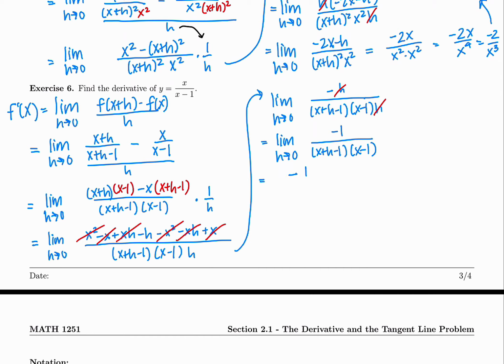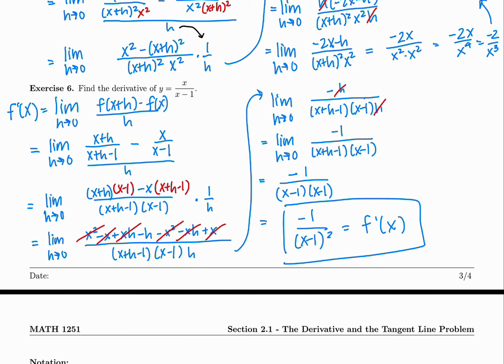So that's negative 1 over x. Well, if you let this h go to 0, I'm just left with x minus 1 right there, and then another x minus 1. So this is negative 1 over x minus 1 squared, which is my derivative f prime of x. That's how we'd normally write it. We would combine those two to make them look a little nicer.